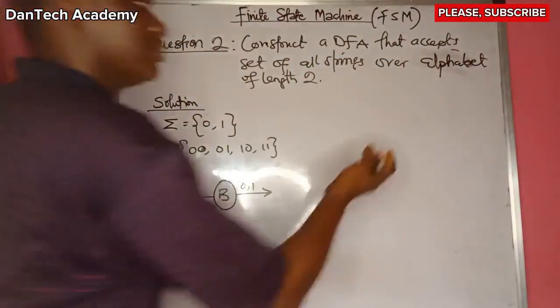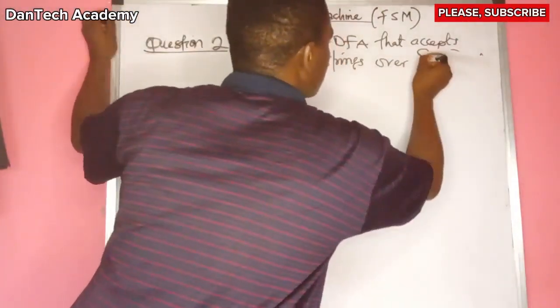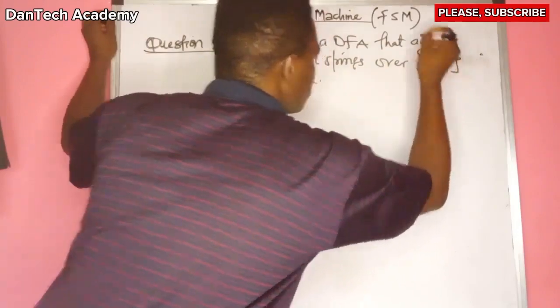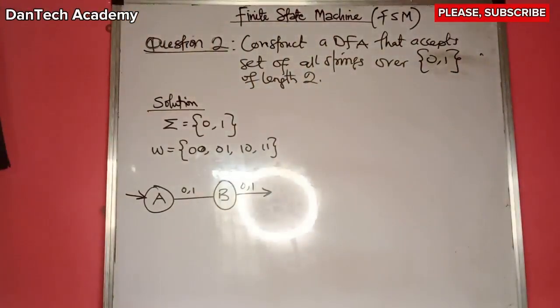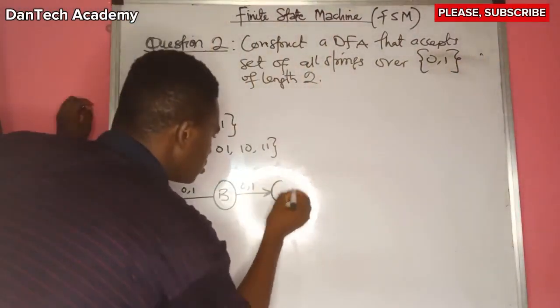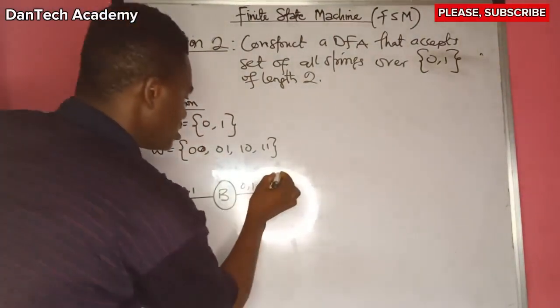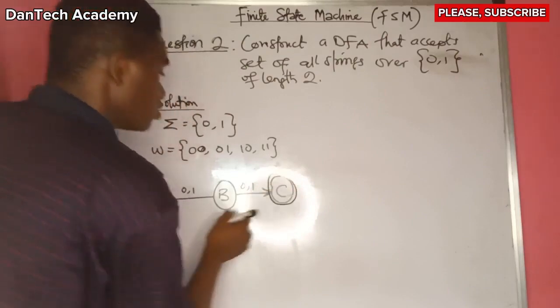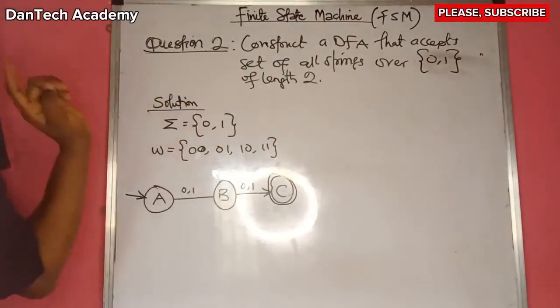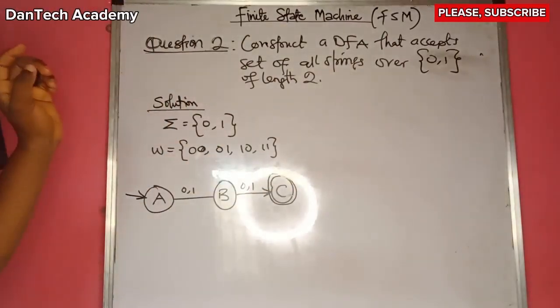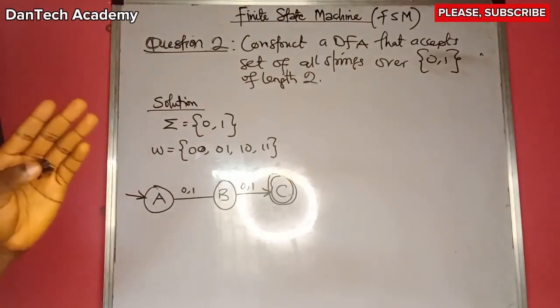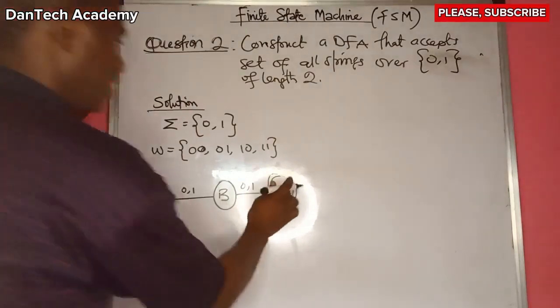It's the same thing. So this one will lead us to C, and this C becomes our final state because we've been able to get 1 and 2, the two lengths of strings we are asked to look out for. So this is our final state here.